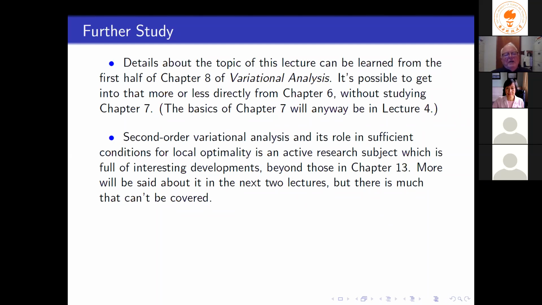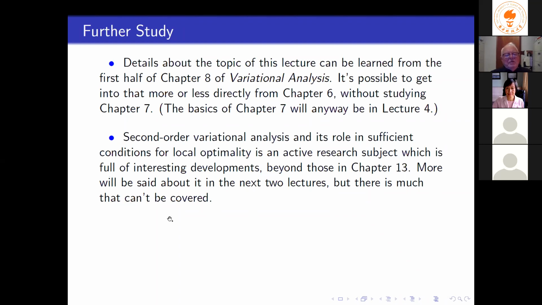If you want to skip ahead to variational analysis, you can go more or less directly from chapter 6 to chapter 8 without looking at chapter 7 yet. It'll come in later. And how did you get to chapter 6? You were able to skip chapters 3, 4, and 5 for the most part. So just basically from chapter 1 to chapter 6 to chapter 8, something like that.